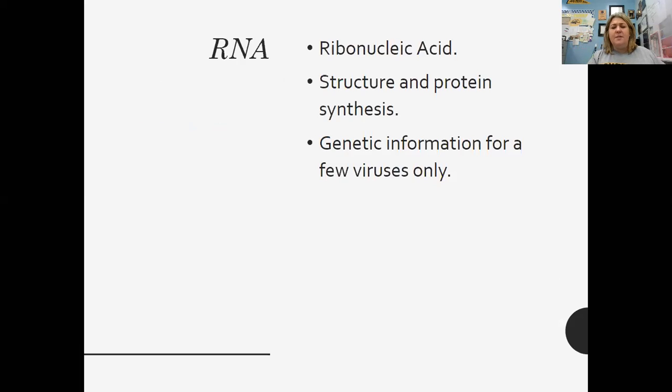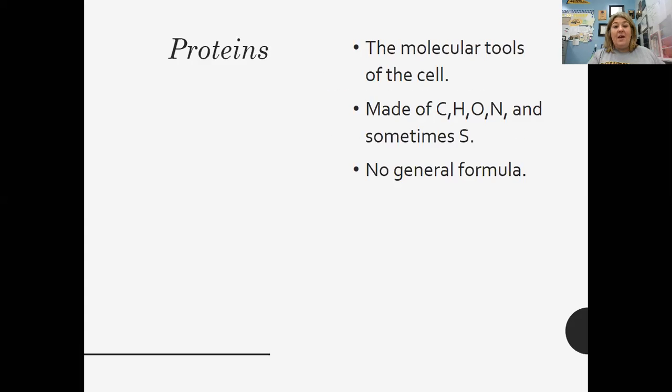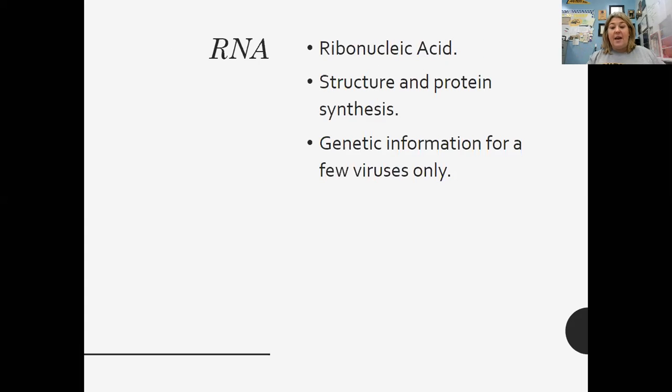RNA is a little more simplistic, but it is by no means not necessary. It is what we use for structure and protein synthesis. It's very, very, very important. It's also the genetic information for some viruses. We talk about a lot of our viruses later on. We will learn that they are RNA viruses. And so that wraps up nucleic acids.